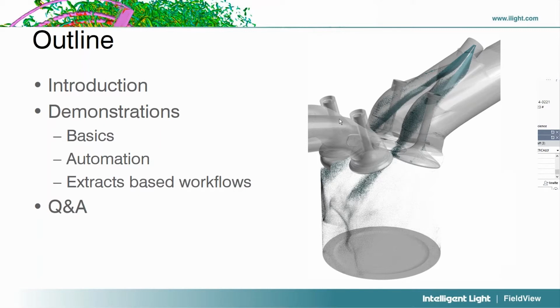After a very quick introduction, we'll go into some demonstrations, and I'll try to proceed in 3 steps. First, we'll look at the basics, how the interface between Converge and FieldView works, how you can post-process your results. Then we'll do a bit of simple automation.